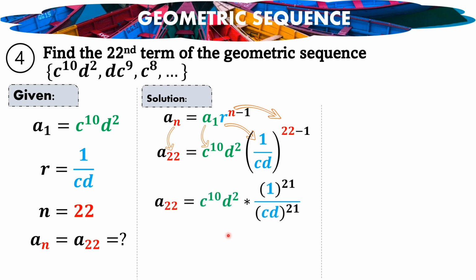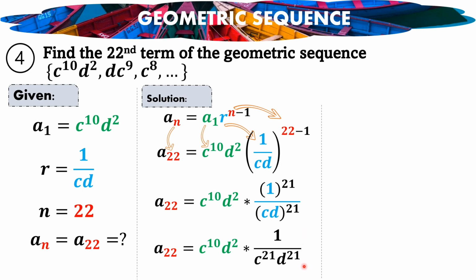So proceeding, we have a sub 22 equals c raised to 10 d raised to 2 times, the exponent is 22 minus 1, so that is 21. Recall your law of exponents. So 1 raised to 21 over cd raised to 21.